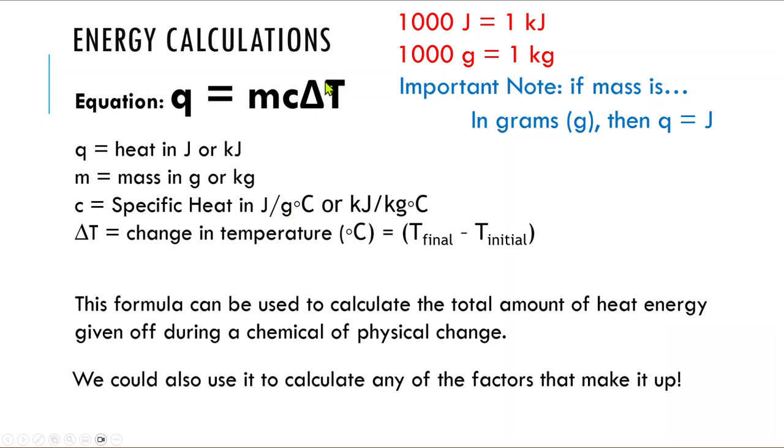The unit of Celsius in the temperature change cancels with the Celsius down here, leaving us with joules. But if the mass you plug in is in kilograms, then Q will be in kilojoules. Because if our mass is in kilograms, when we multiply by this specific heat, the kilograms cancel. Degrees C leaves us with kilojoules.